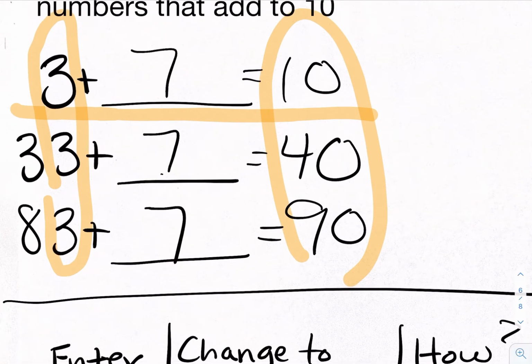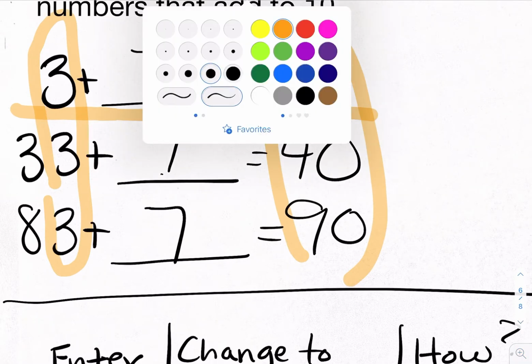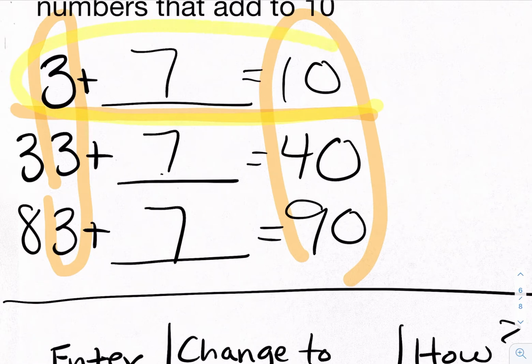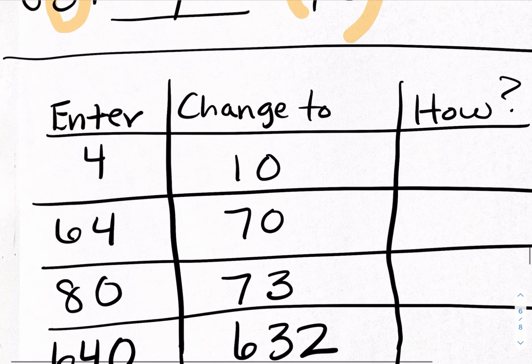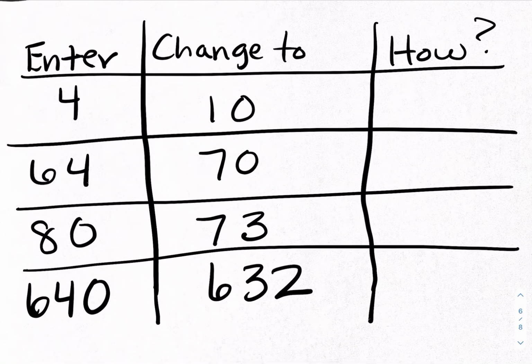It's 7. Using our basic fact of 3 plus 7 equals 10 can help you solve bigger equations. Let's look at a table here, because these are going to be some of the ones you see in your math journal later.